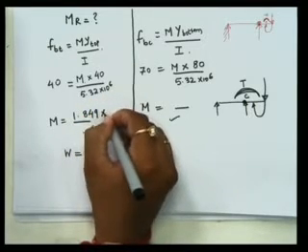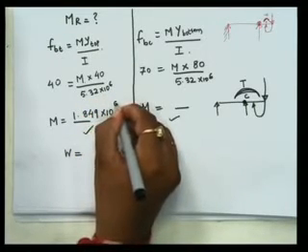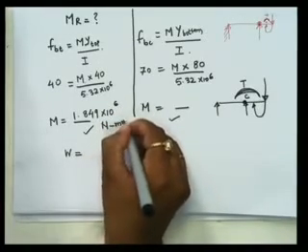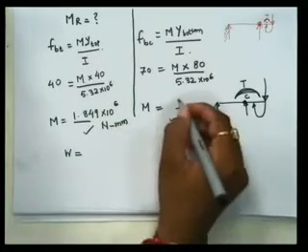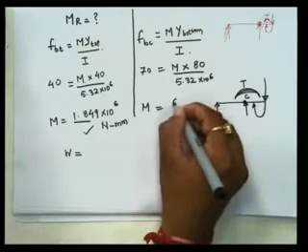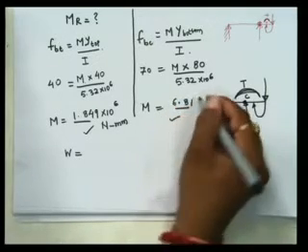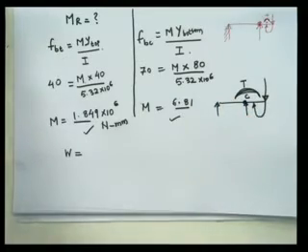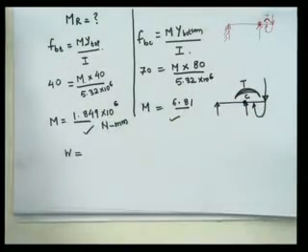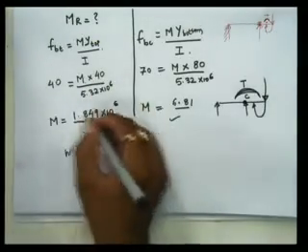1.849 into 10 to the power 6. Okay, and what will be the unit? Newton mm. And for this case we are getting the value as 6.81. Mostly it is this. I'll just calculate it. 40 will cancel out, so it will be 5.32.